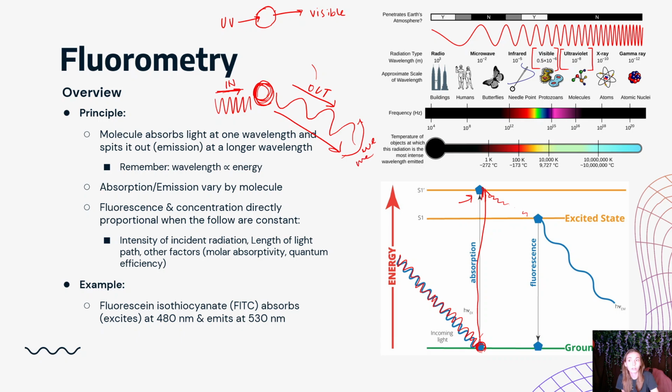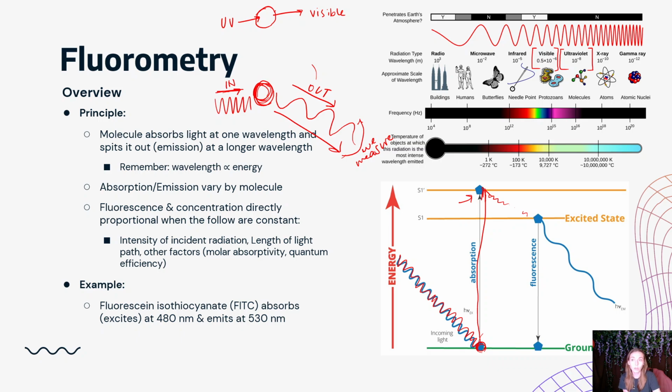The more that we spit out, the higher the concentration there was for stuff to absorb. So the higher the concentration, the more the sample absorbs, and then the more that it's able to kick back out for us to measure. So that means that fluorescence and concentration are directly proportional.